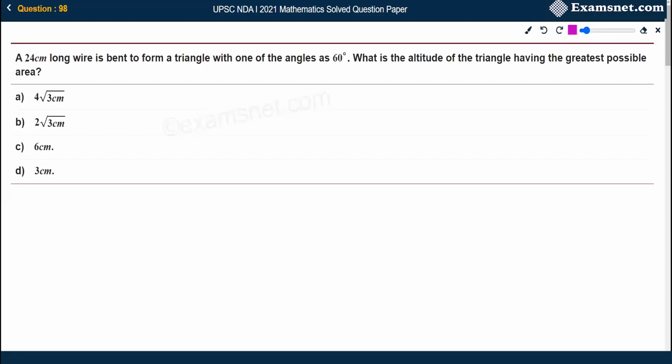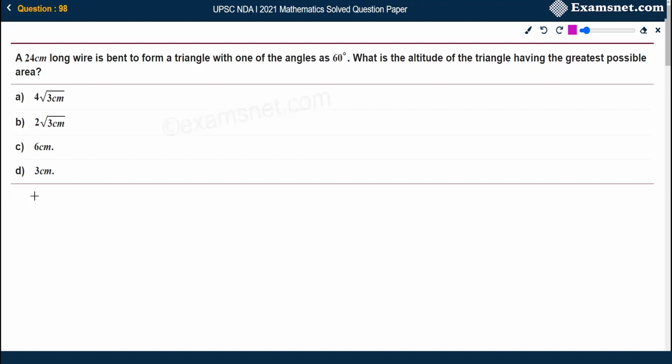In question number 98, it is given that a 24 centimeter long wire is bent to form a triangle with one of the angles as 60 degrees. What is the altitude of the triangle having the greatest possible area?